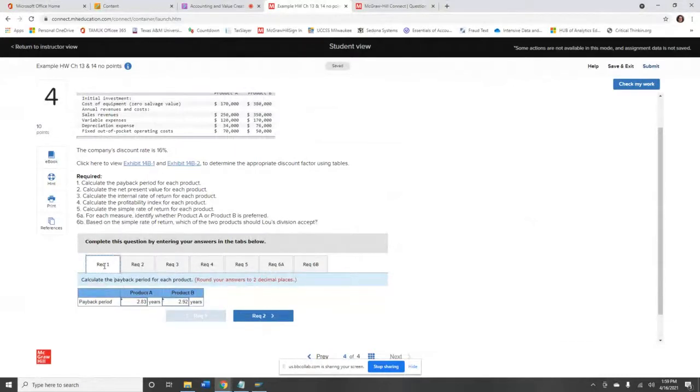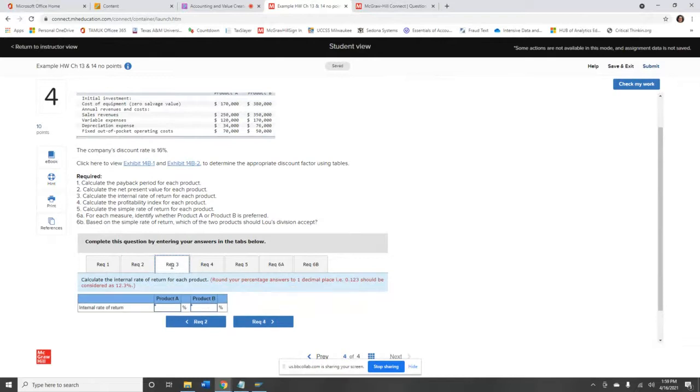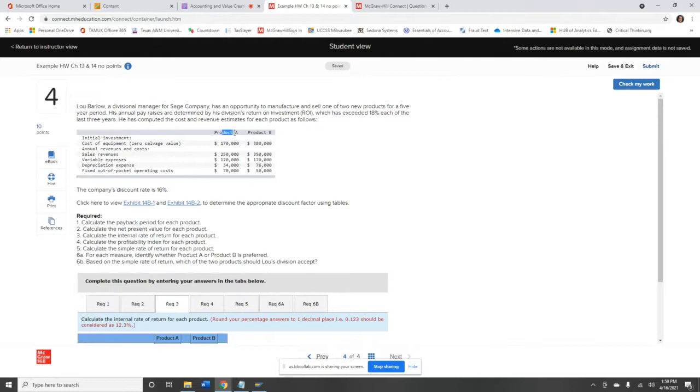So we've done requirement 1, payback period, requirement 2, net present value, and now we're going to do internal rate of return. And to do this, we need to think back to when we did our payback period and our net present value, and we calculated the net cash flow, not the discounted cash flow, which for product A was 60,000 and for product B was 130,000.